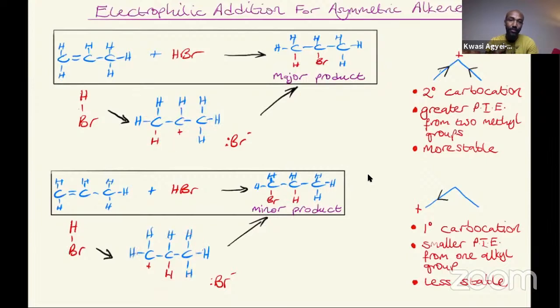So why is there this difference in stability? Well, before we answer that question, let's draw the first part of our mechanism first. As we said on the previous page, you need to show your curly arrow starting from a source of electrons. Because this is an electrophilic addition mechanism, it's going to start from the pi bond of your double bond.